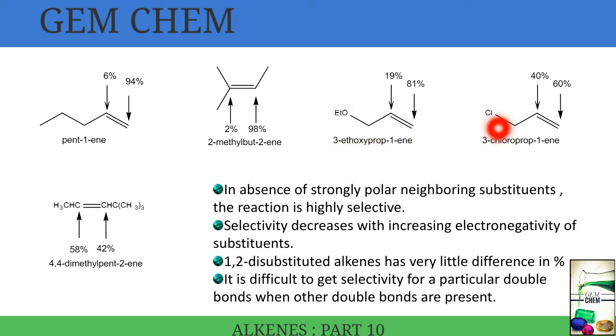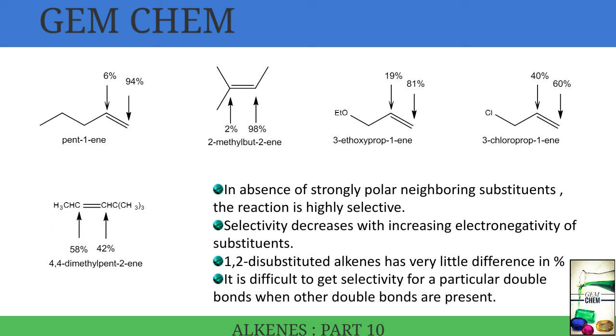Similarly here, when Cl is present, 60%, 40%. So the percentage is increasing for this carbon, that is the non-terminal carbon. And in the last case, we see that the ratio is somewhat nearly equal, right? But here this part has more steric bulk than this one.